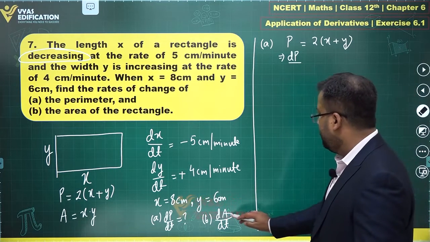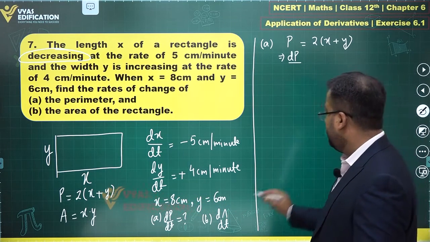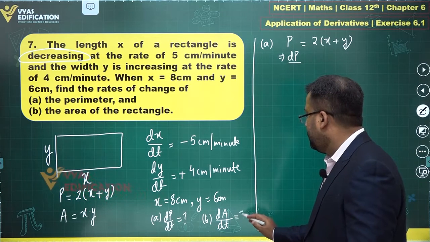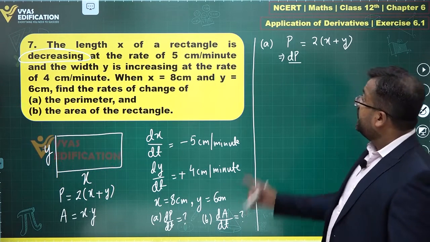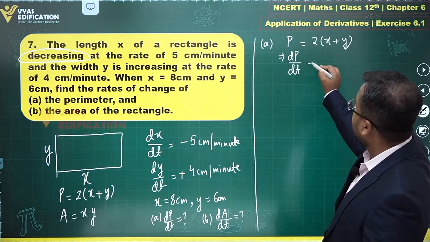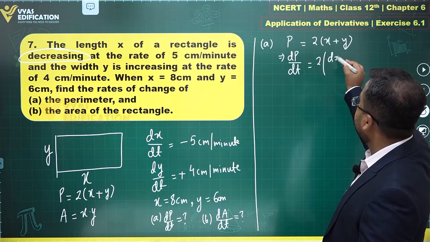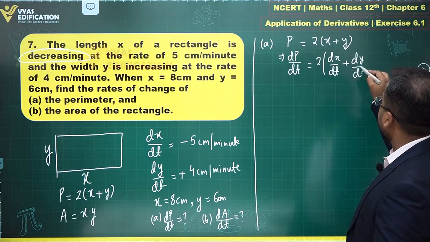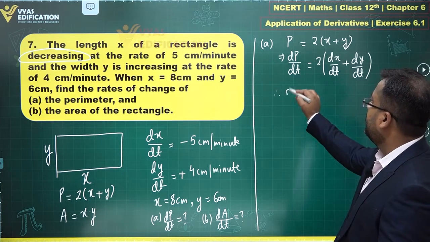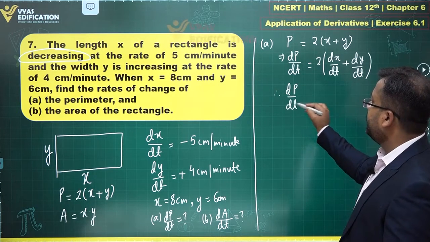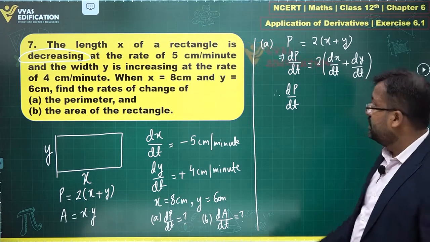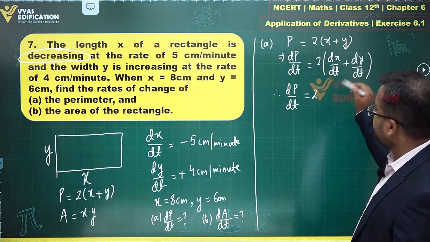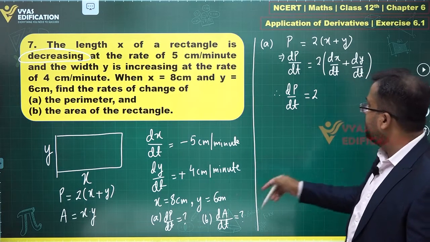This is a question mark. So dP upon dt will be equal to 2 times dx upon dt plus dy upon dt. Therefore, what will be the value of dP upon dt? We'll substitute the values of dx upon dt, which is minus 5 and plus 4.